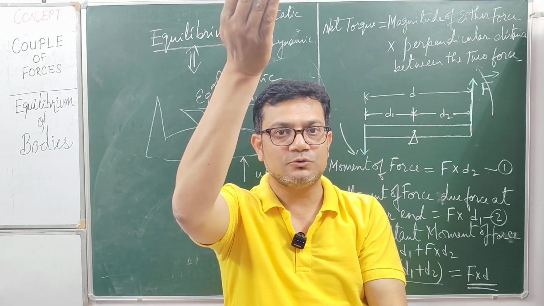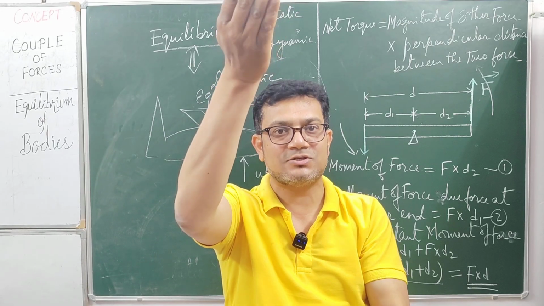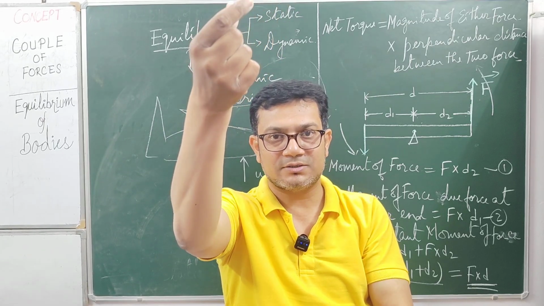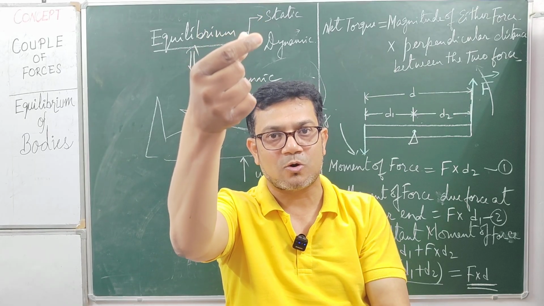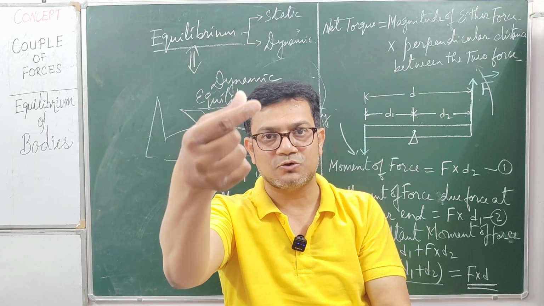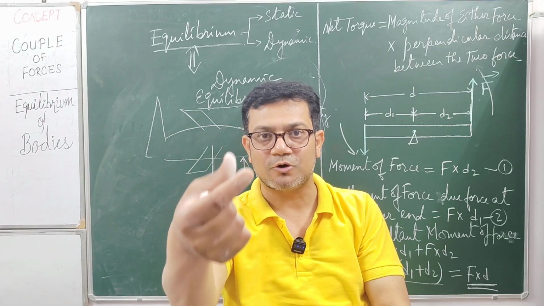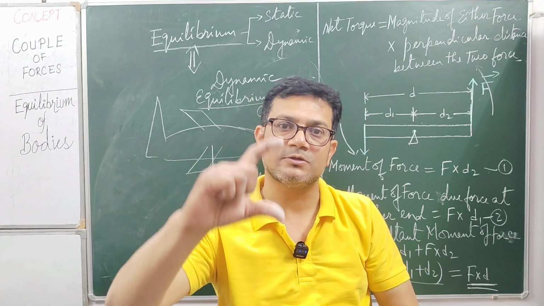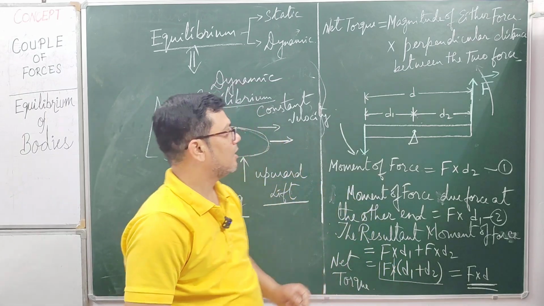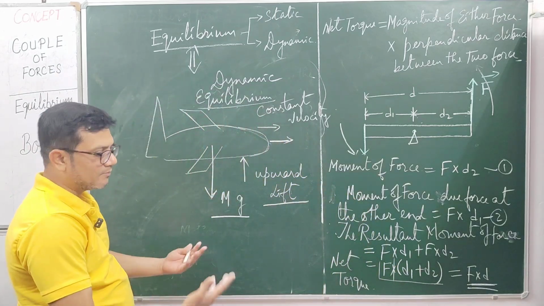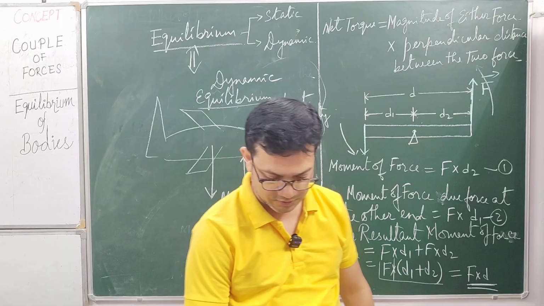If both forces are balancing each other, although it's in motion, the velocity remains constant. So with constant motion, that raindrop is falling down. This is also an example of dynamic equilibrium.